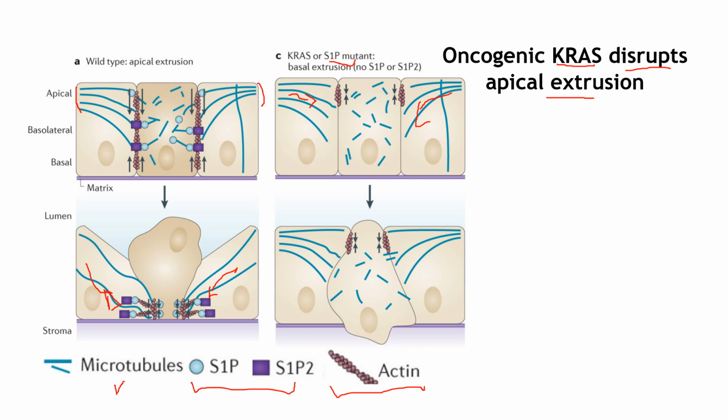However, if you see, there is no S1P or S1P receptor. So here, although the microtubule is doing its job, there is a disruption of the normal mechanism, and as a result of that, actin is also not located everywhere. It's only located basally, and it will autonomously again constrict there.